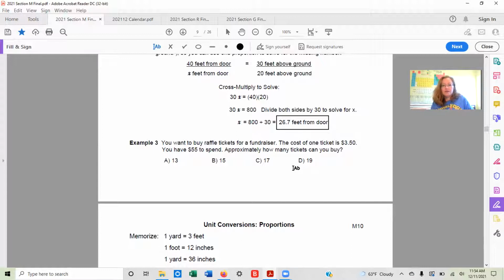While we would normally round up an answer to 18, because we're having to give them money, they're not going to give us that 18th ticket unless we have enough money. So in that case, we had to round down.